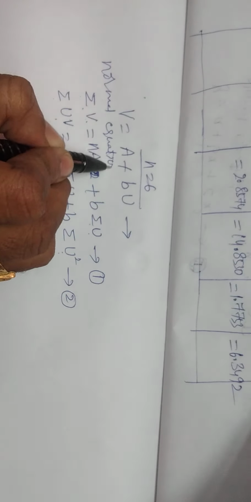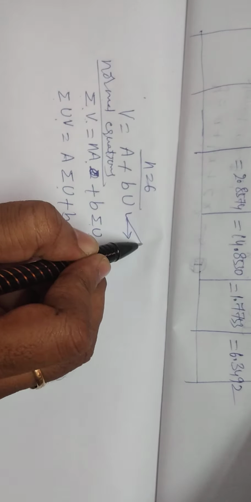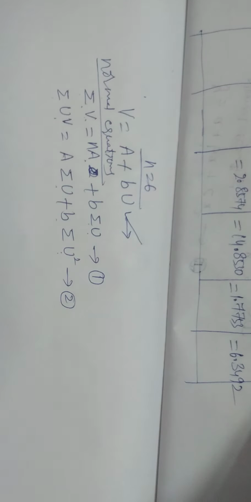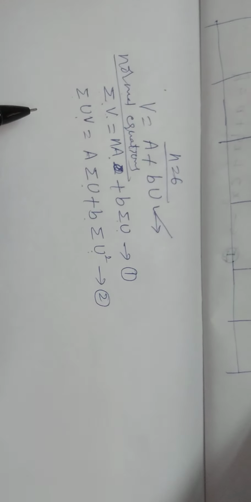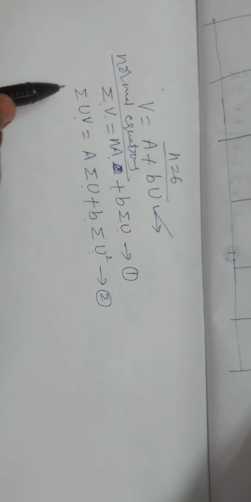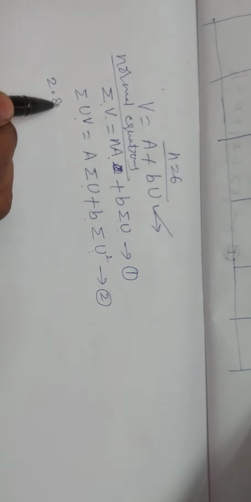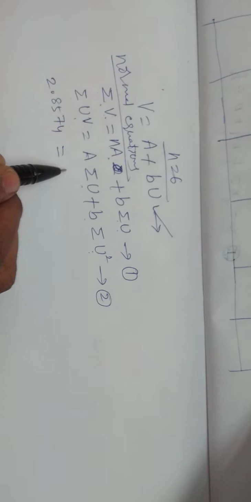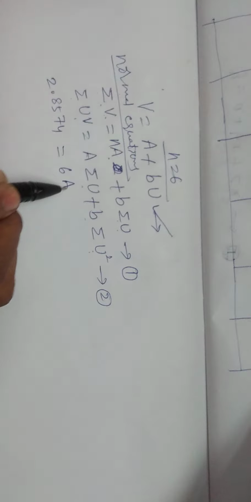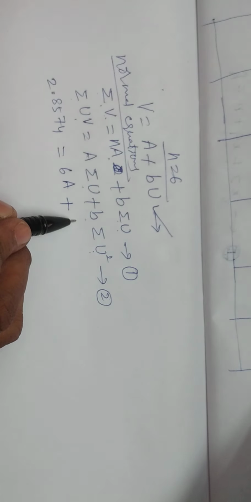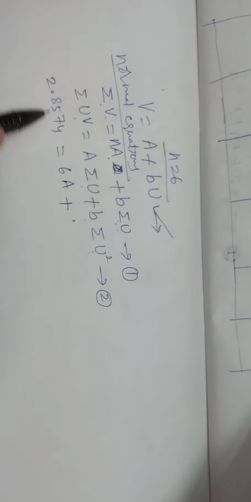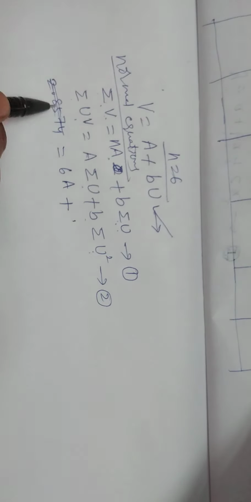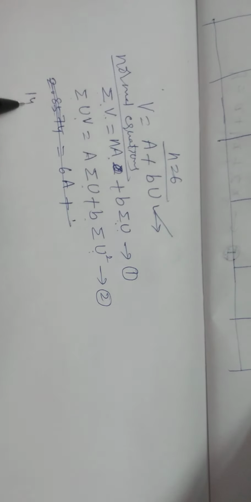These are the normal equations, which means this is a straight line for the given power curve. So we obtain summation v is equal to, now summation v is nothing but 14.8530.